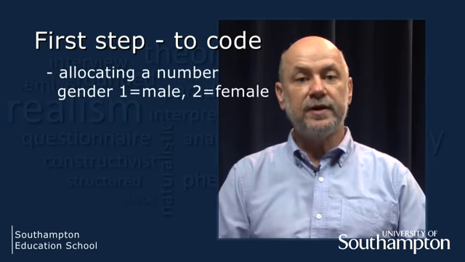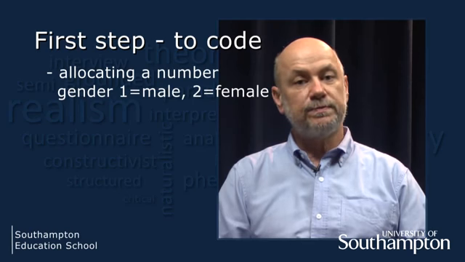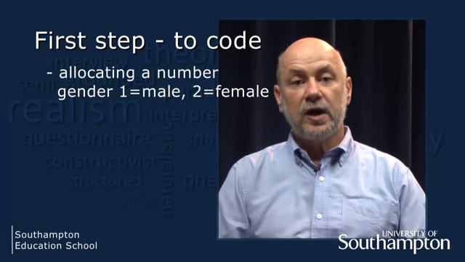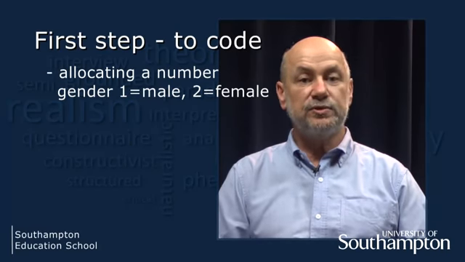This means looking at each question and allocating a number for each possible response. For example, on a category type question about gender, I would allocate a 1 for males and 2 for females. If the question is about age and it's measured in categories, I would allocate a 1 for the 15 to 20-year-old age group, a 2 for the 21 to 25 age group, and so on.